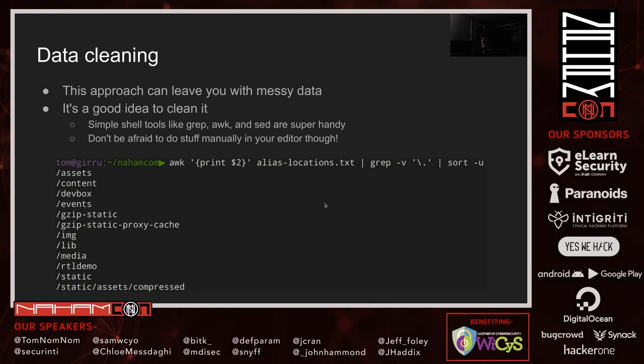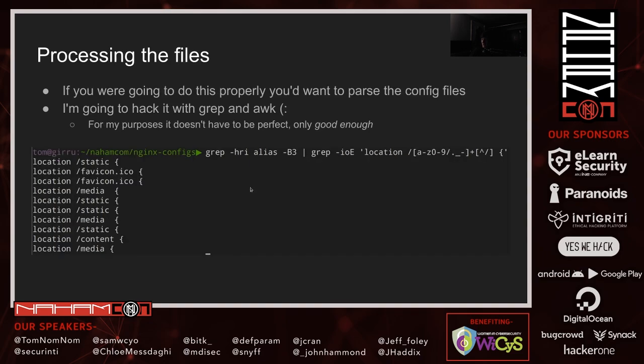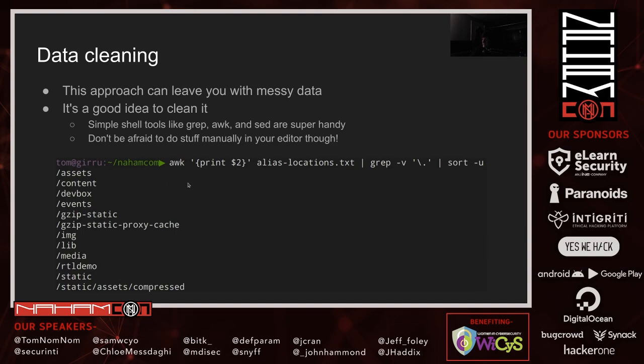So usually when you do this kind of thing, you still end up having to do a bit of data cleaning. So here I've still got the location part and the slash and the curly brace and things. So I would say simple shell tools like awk, grep, sed, if you're familiar with them, or if you want an excuse to learn them, are really useful for doing this kind of thing. But don't be afraid to do things manually in your editor, to manually review the list, scroll through it.